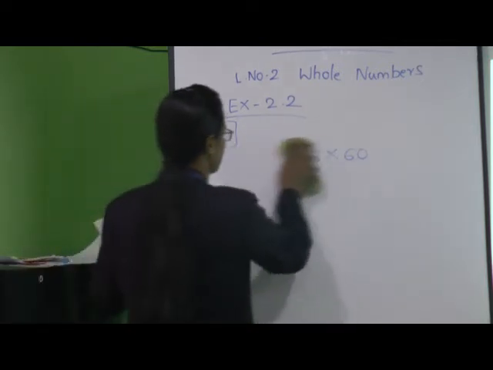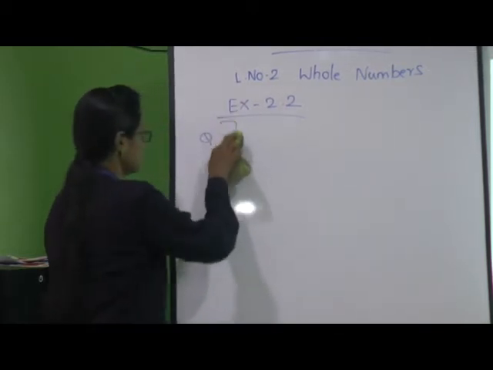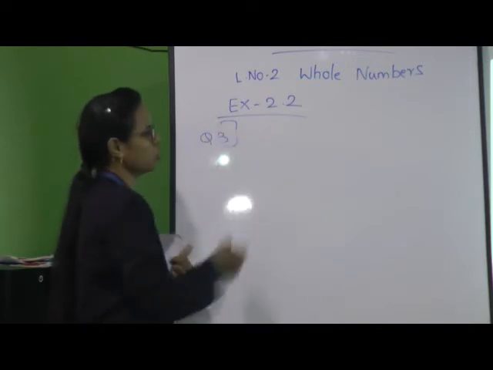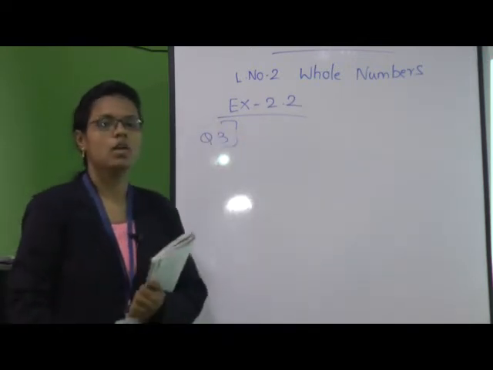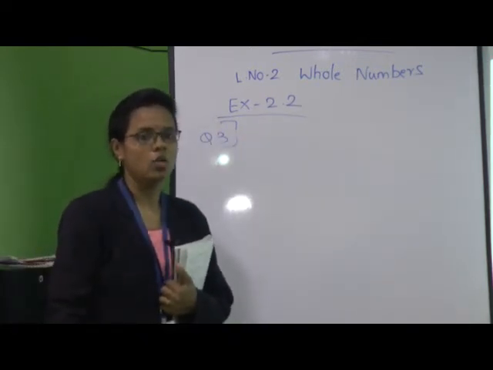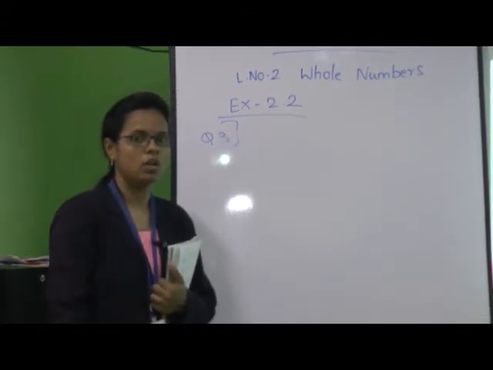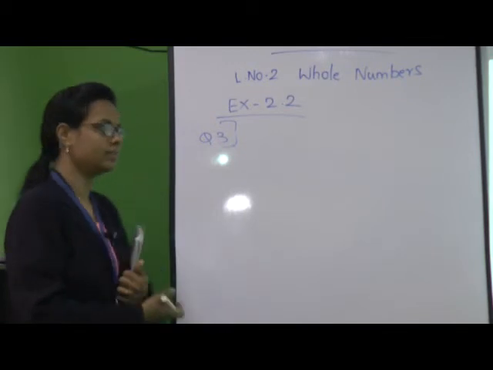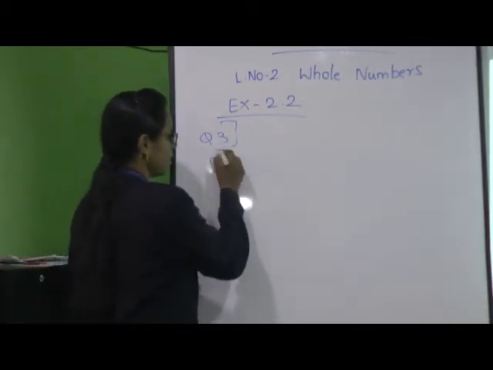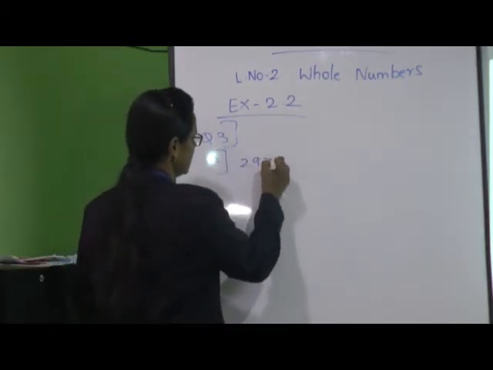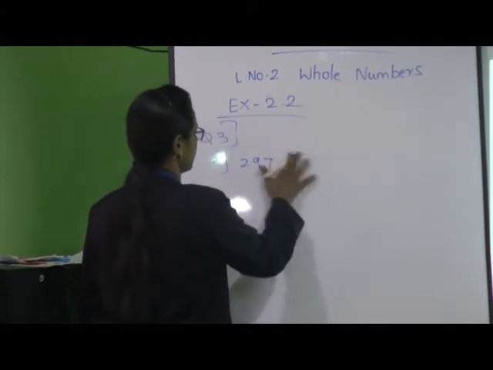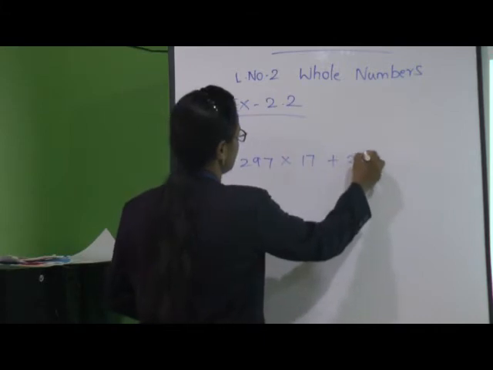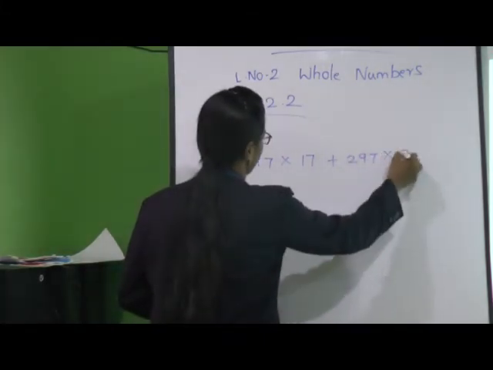So let us move towards our next question. Exercise 2.2, question number 3. Okay. Find the value of the following. Now here we have to find only the value. Let us see if possible, if we have to do the rearrangements and all. See the question. 297 into 17 plus 297 into 3.